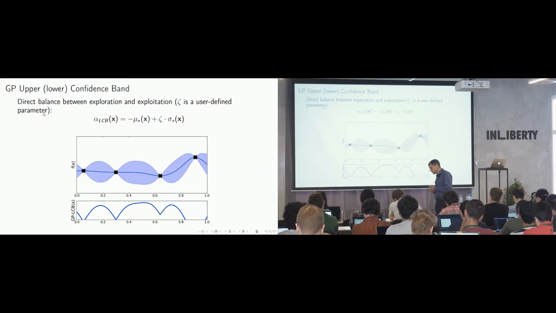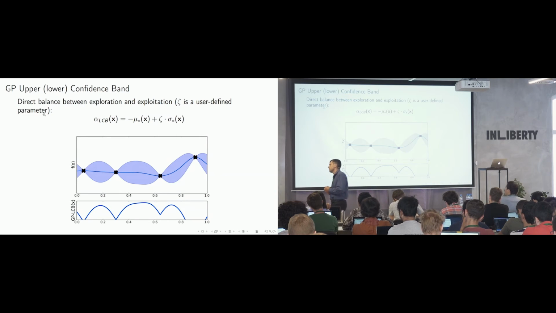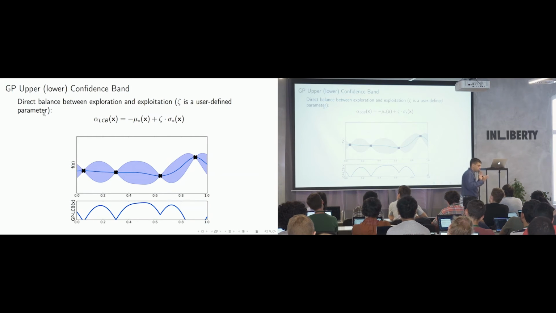At the same time, there are papers that prove that under Gaussian assumptions, that is, if the real black box function is generated by some Gaussian process, then if we use the criteria I'm going to talk about, the whole overall process will converge in a finite number of steps to the global optimum.